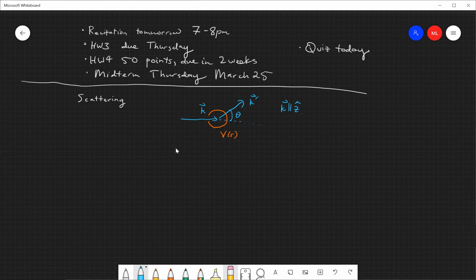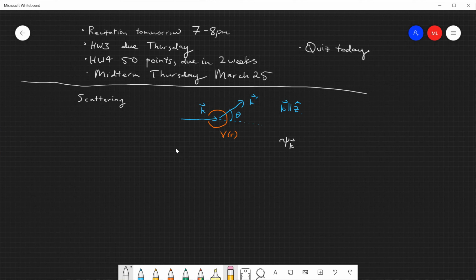So the general form of the scattering solution is just given by that, an incoming plane wave and an outgoing wave, which is convenient to express in spherical coordinates.